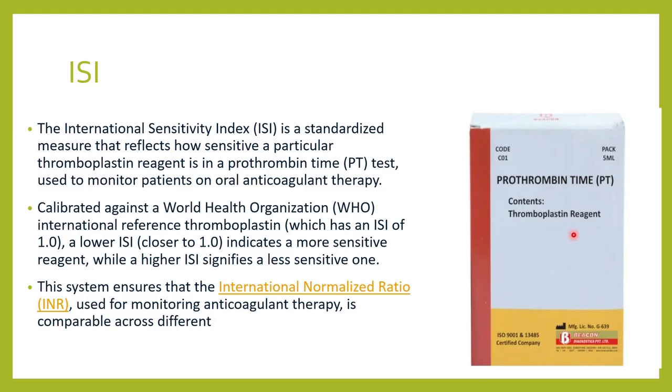So we should have an ISI which is closer to 1, that is more sensitive, and it would give you more accurate results. So this ISI is a standardized measure which ensures that the thromboplastin reagent, whatever is used, is quite sensitive up to the WHO international reference standards.